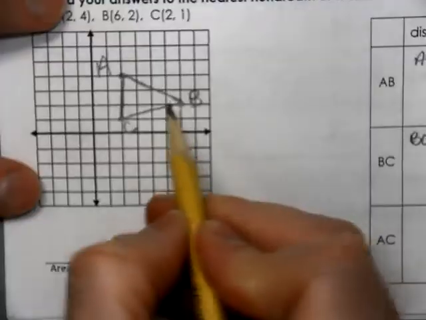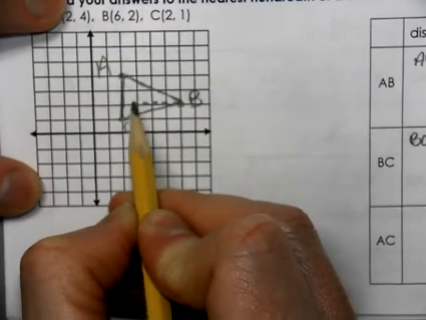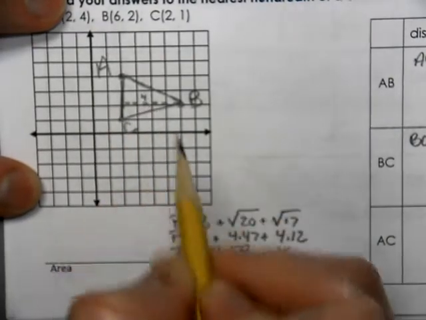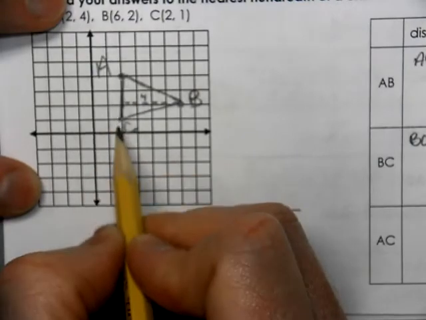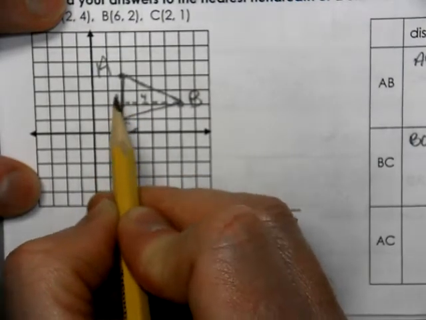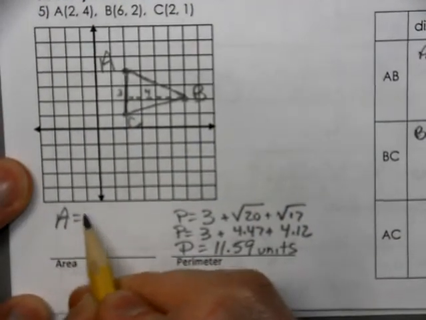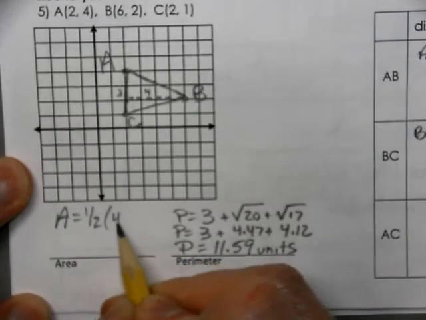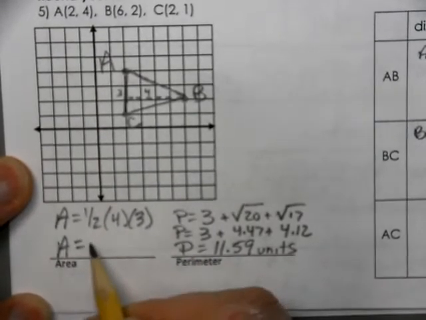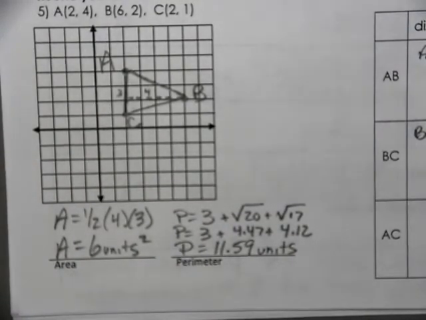But it looks to be the easiest if we went perpendicular this way. 1, 2, 3, 4. And perpendicular to that horizontal would be vertical. 1, 2, 3. So I know that the area is going to equal half of 4 times 3. Half of 12 is 6 units squared.